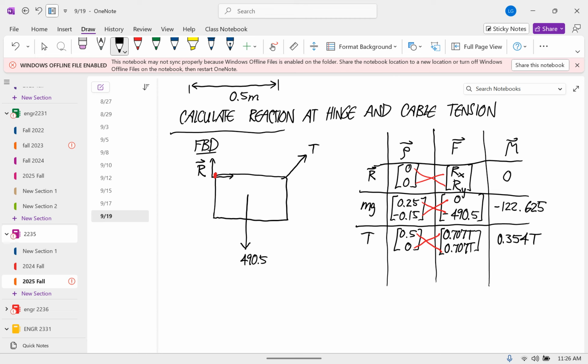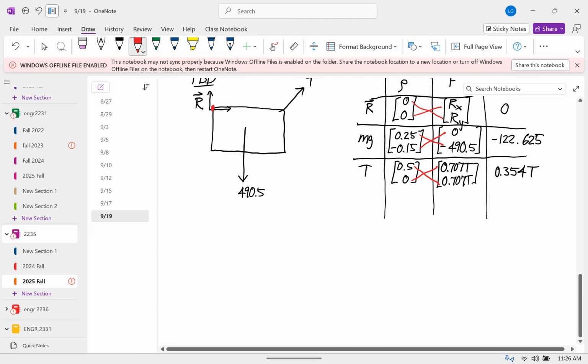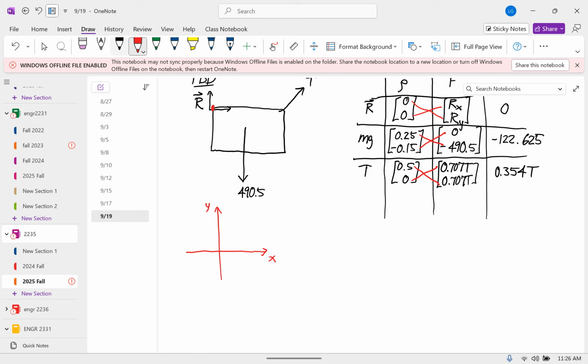How do we get 0.77? Yeah, so our coordinate system is this. The cable force is this. It has a magnitude of T, and this angle is 45 degrees.